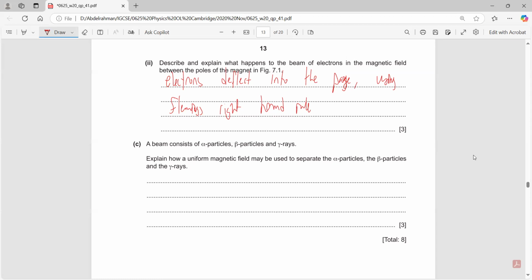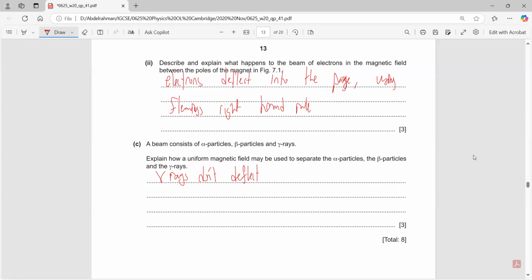So we can say that the gamma rays do not deflect. They're unaffected. Why? Because they have no charge, as they're moving at the speed of light, so they don't care about anything around them.